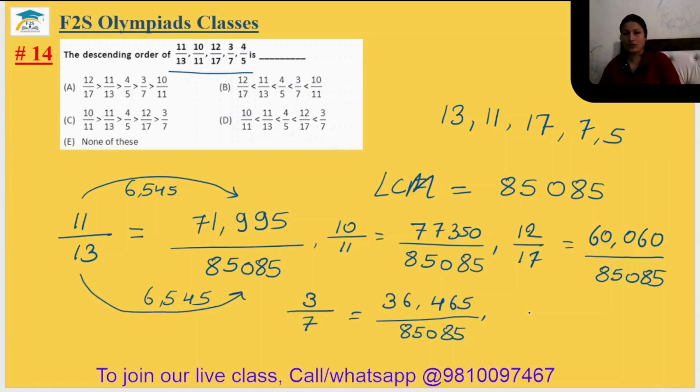Now the last one is 4 upon 5. The denominator should be 85,085. Divide 85,085 by 5. You will get the quotient 17,017. Multiply it by 4, and you will get 68,068.